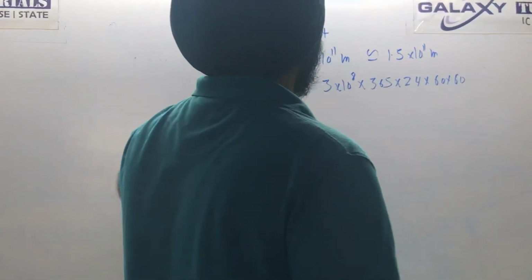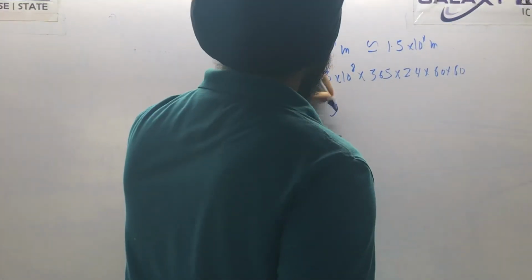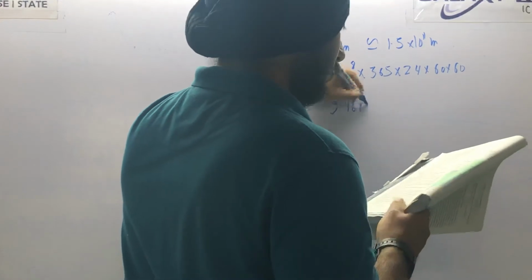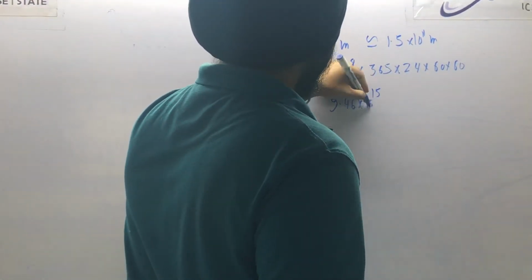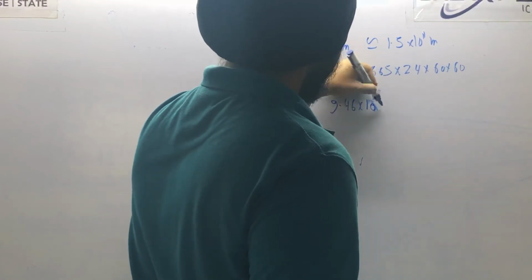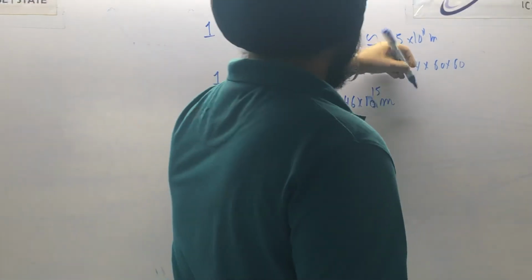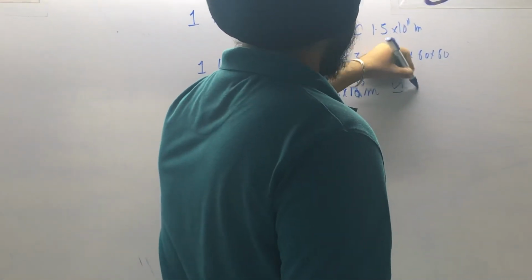This is how the value of light year is calculated. And this value is 9.46 into 10 raised to the power 15 meter, or you can approximate this to 9.5.